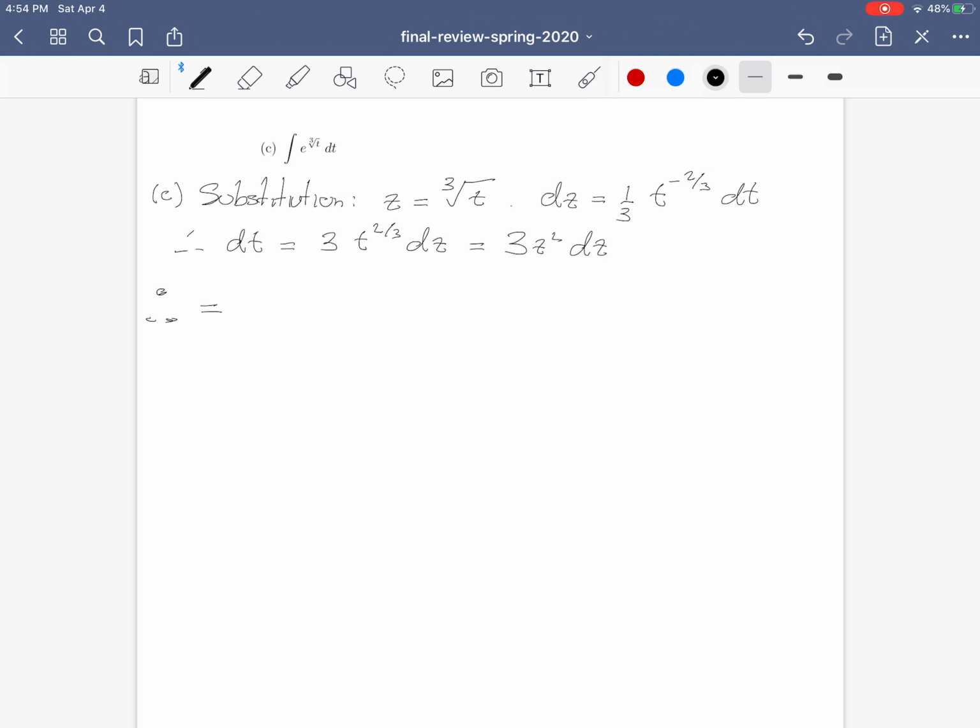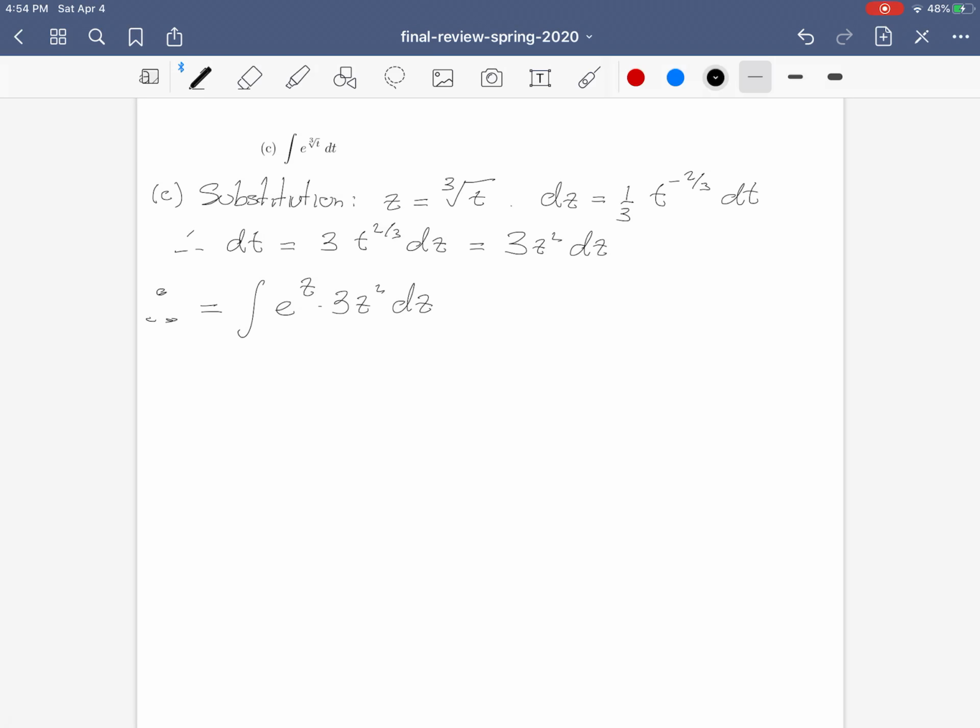So therefore my integral is equal to e to the z, using my substitution, times dt, which is equal to 3z squared dz. So now I have a polynomial term times an exponential. So what we're going to do to calculate this is integrate by parts.